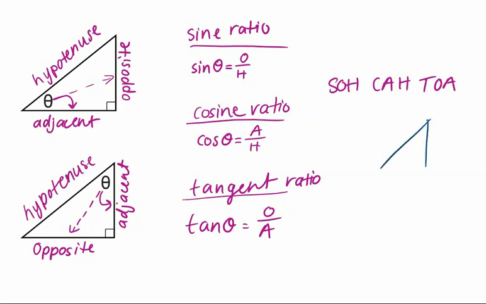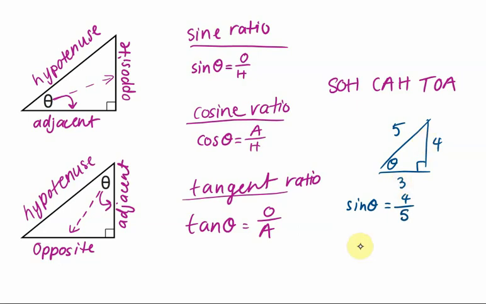If we have a triangle such as this one, where theta is our reference angle, if we knew the sides were x, y, and z, we could write the sine, cosine, and tangent ratios for this triangle. Or perhaps instead of x, y, and z, we'll use a number. That might make it a little bit clearer. So 5, 4, and 3. So if we wanted to write the sine ratio, we would write the opposite side, which is 4, over the hypotenuse side, which is 5.